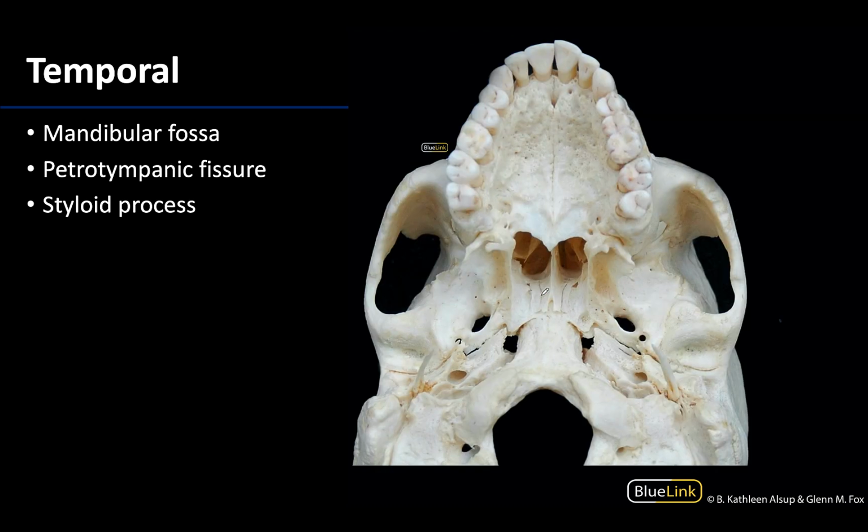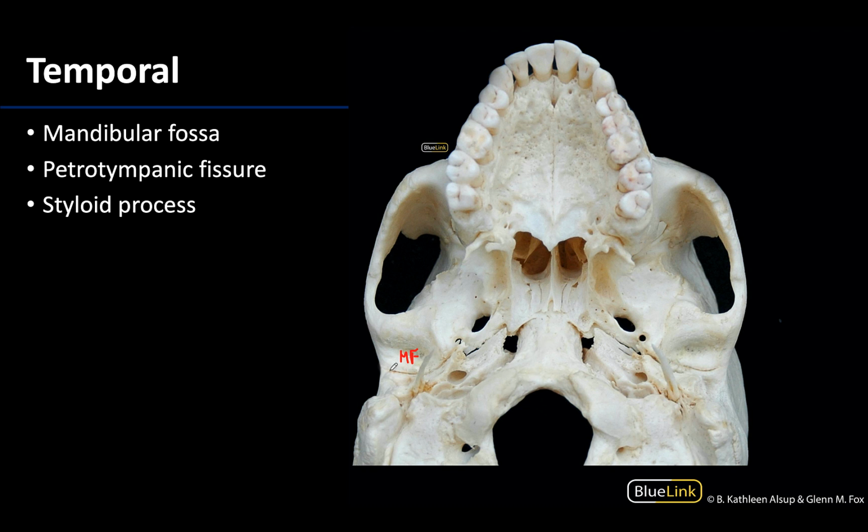All right, so recall that the mandibular fossa is this depression right in this region here for that mandibular condyle to sit. So this is the cranial portion of the temporomandibular joint. It is a smooth area because articular cartilage sits in this region during life.